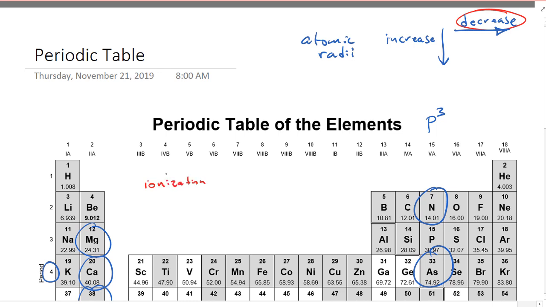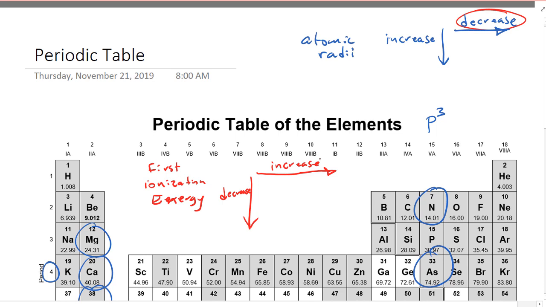And specifically, this is the first ionization energy. The trends are that as we go down within a group, the values will decrease. And as we go across a period from left to right, we see that the values are going to increase.